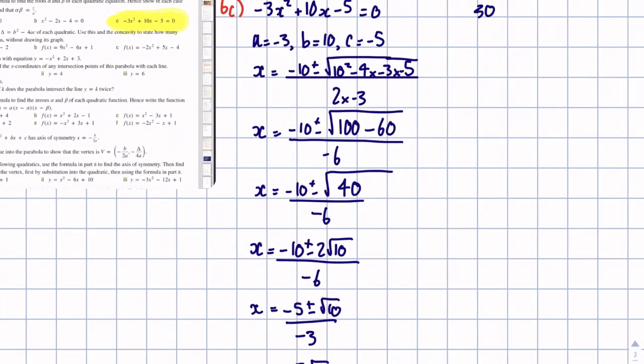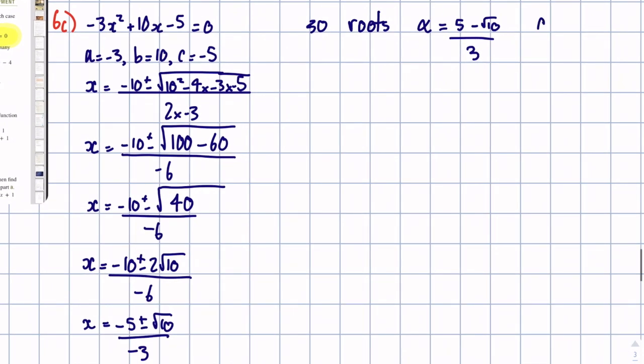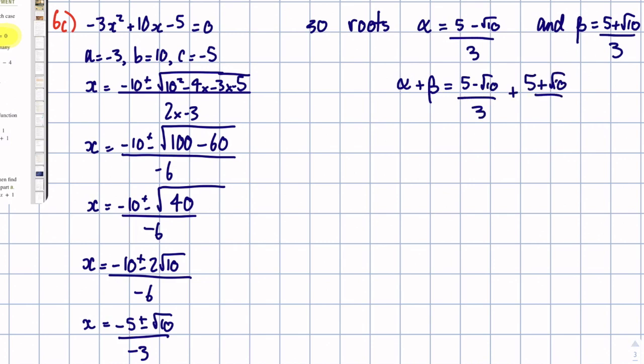So, our roots, I'm going to let alpha equal 5 take root 10 on 3, and beta equals 5 plus root 10 on 3, which means alpha plus beta, 5 take root 10 on 3 plus 5 plus root 10 on 3 gives me 10 on 3.